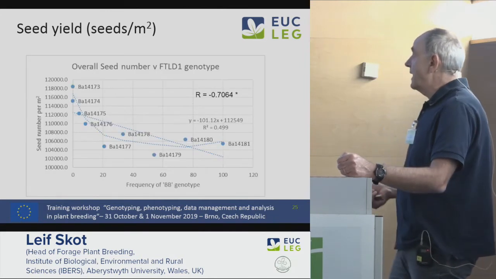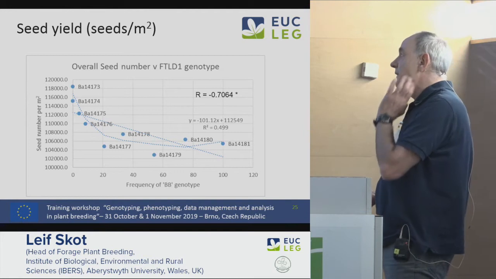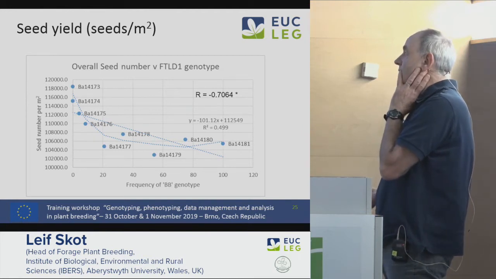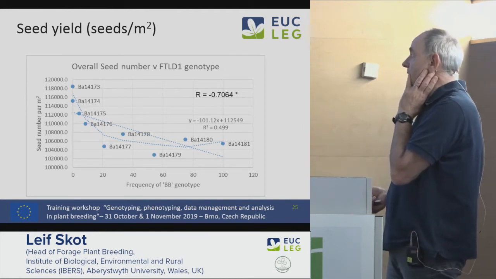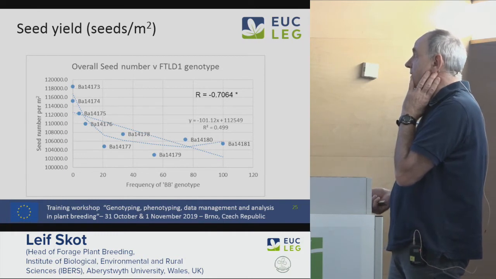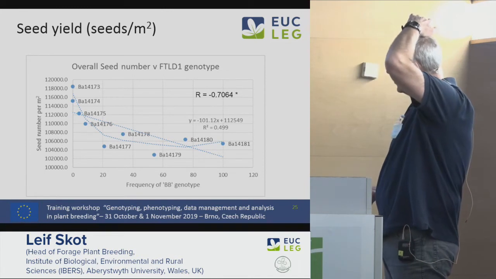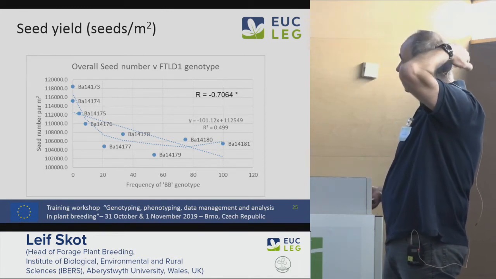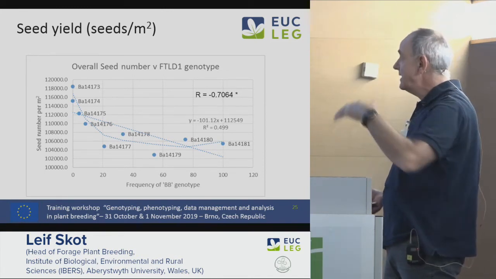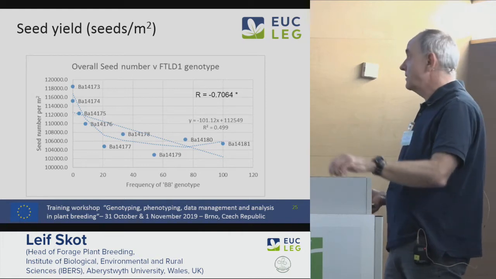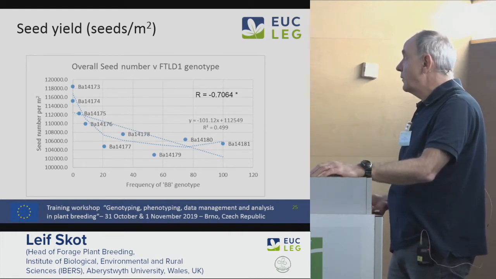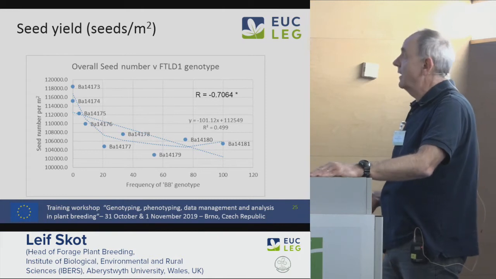And if you plot that against the synthetic populations, you do get a correlation that is significant. So as you increase the BB genotype, the seed yield in seeds per square meter goes down. So that was as far as we got with that.